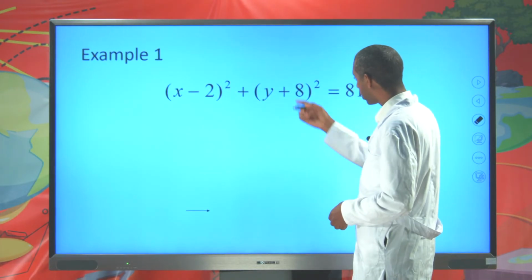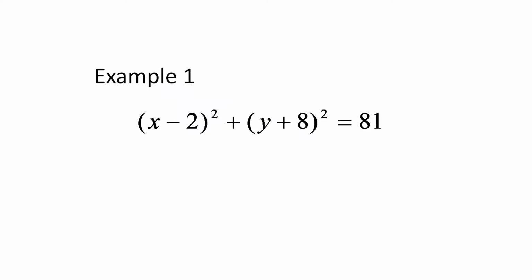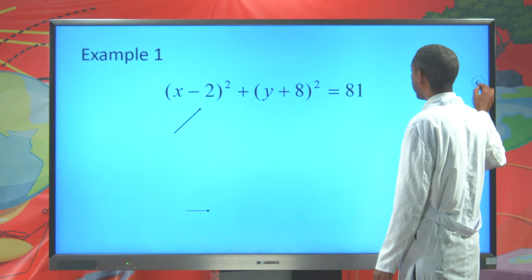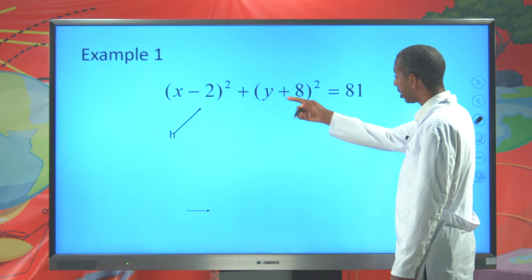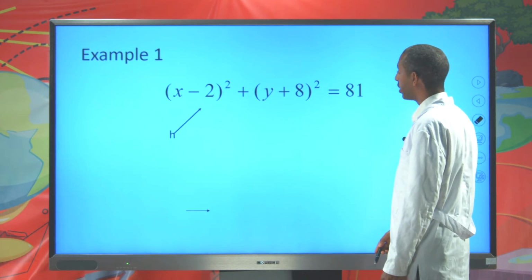Okay, if I just give you this as an example, this is the standard form of the equation of a given circle. We are required to find the center and also the radius. So this, you may represent as h, which is the x coordinate of the center.